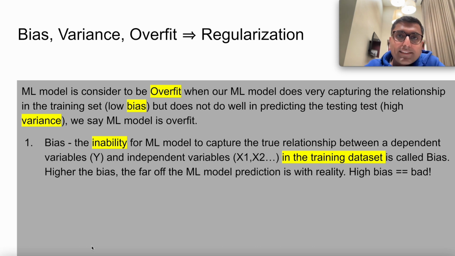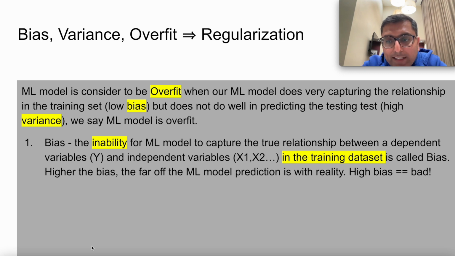We say that our algorithm has high bias if it has the inability to capture the true relationship between the dependent variable y and independent variable x. So using independent variables, we are predicting the dependent variable.